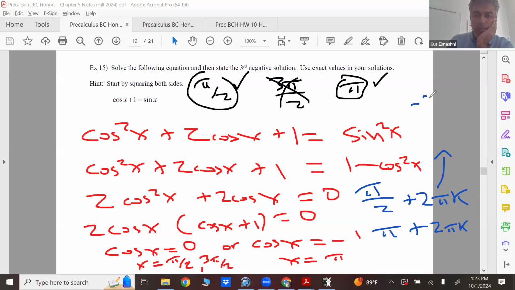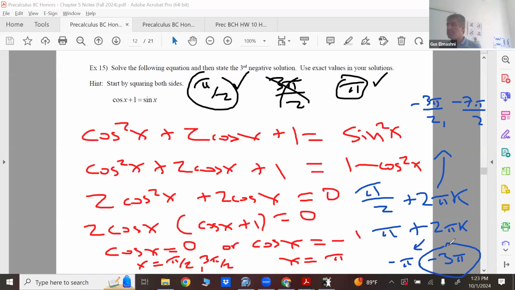Negative 3 pi over 2, and negative 7 pi over 2. And here, this would be negative pi and negative 3 pi. Negative pi is my first, negative 3 pi over 2 is my second, negative 3 pi is my third negative solution.